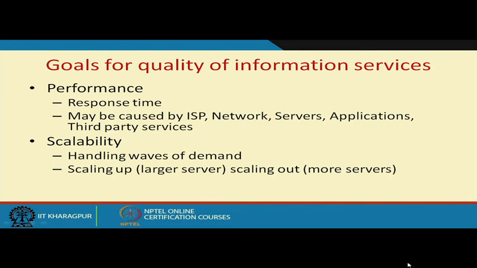The response time is high, you do not contribute. From the buyer's side, his network may be slow, his data service through which he is connected may not be up to the mark, but your performance should be up to the mark. Then next is scalability.